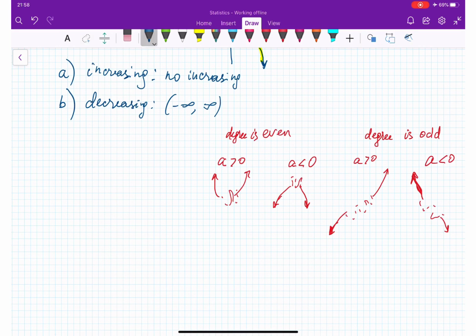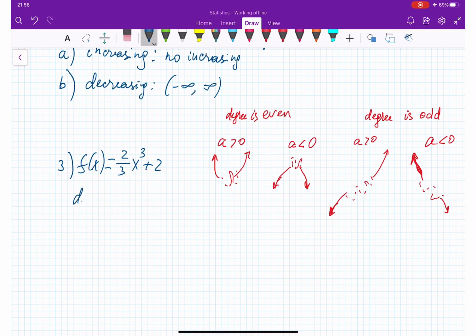So, question number 3. This time we have f of x equals 2/3 x cubed plus 2. All right, so let's see. The degree is 3, which is odd.